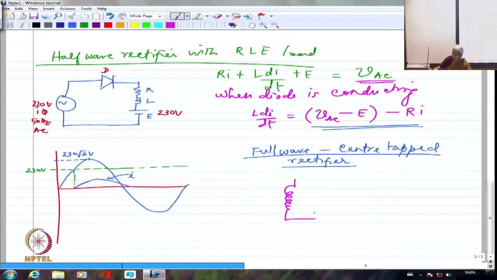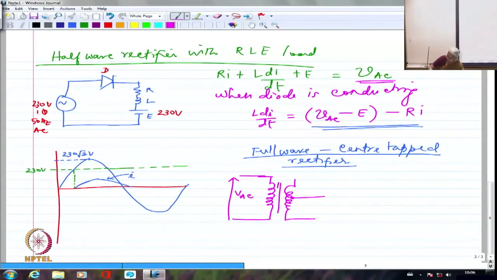So we call this a center tap. So, center tapped rectifier. And I am going to have basically a transformer which is supplying this voltage VAC. Right? And of course, because it is power, normally it will be an iron core transformer. So I am showing the two lines to indicate that it is an iron core transformer.